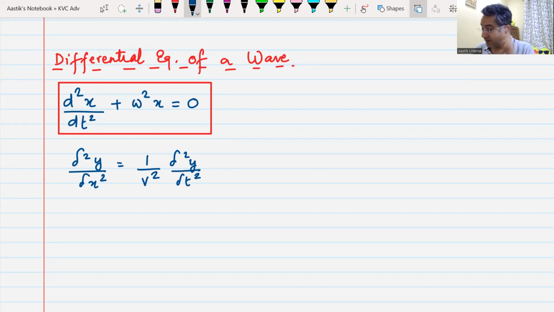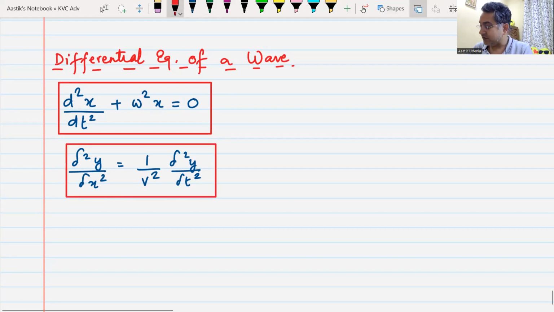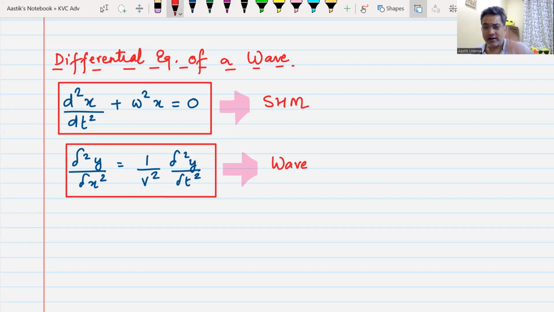This is known as the differential equation of a traveling wave, traveling with a velocity v. The other is the differential equation of a SHM that has an angular frequency omega. Beautiful they look.